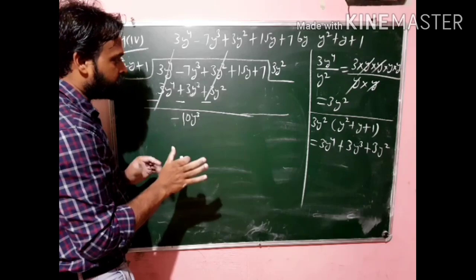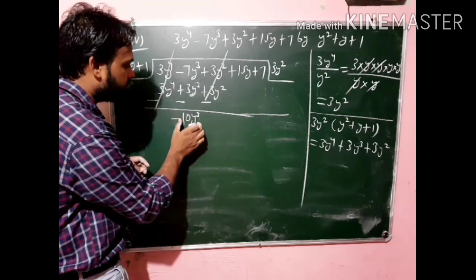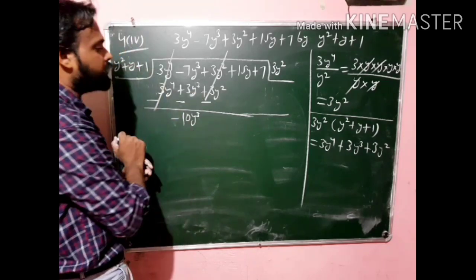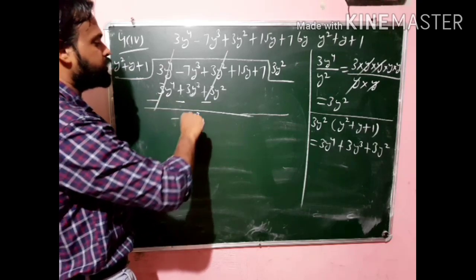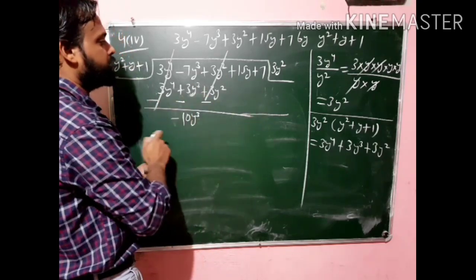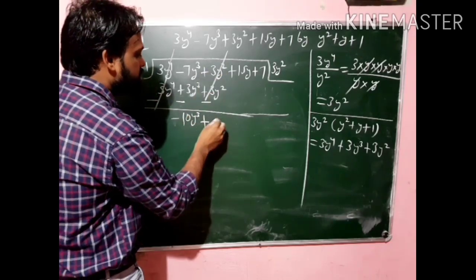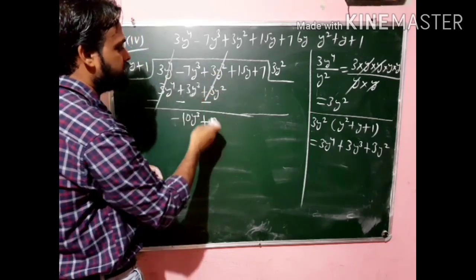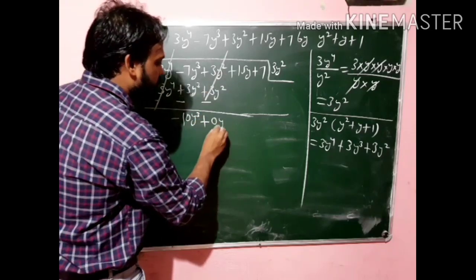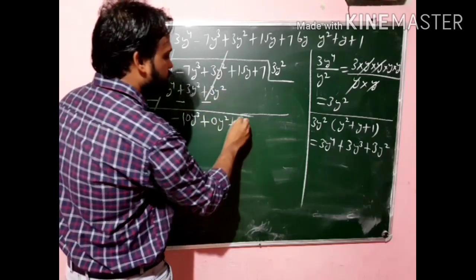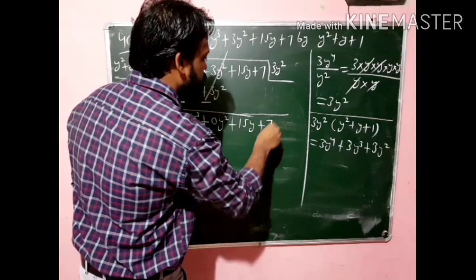But in this sum, when there is a y cube term, then we should also write the y square term. The term is cancelled here, so we can write it as 0 because 3 minus 3 is 0. 0y square plus 15y plus 7.